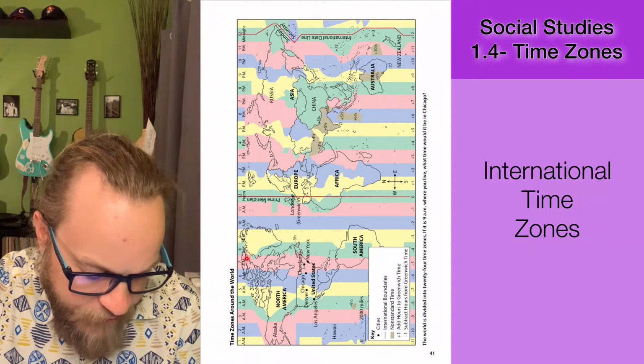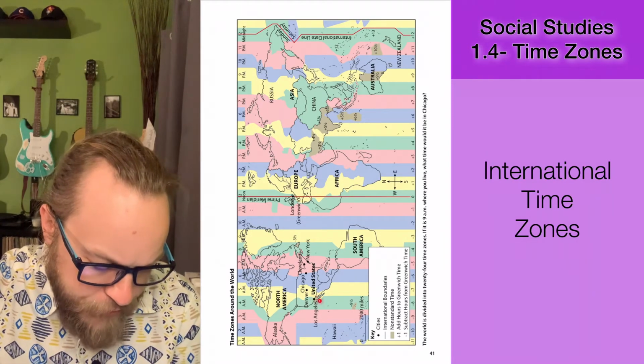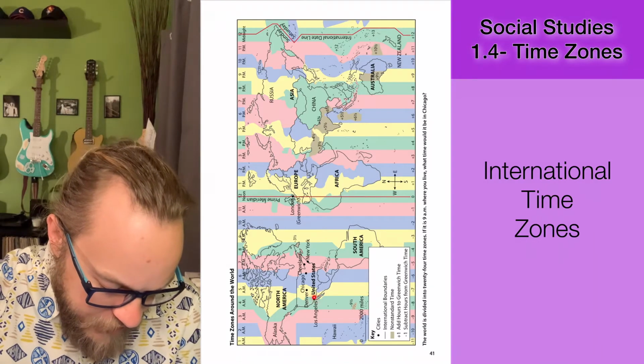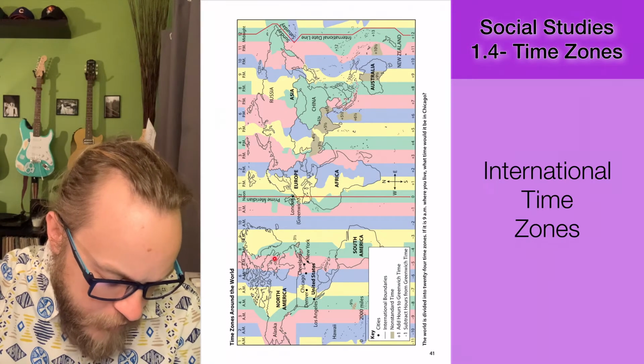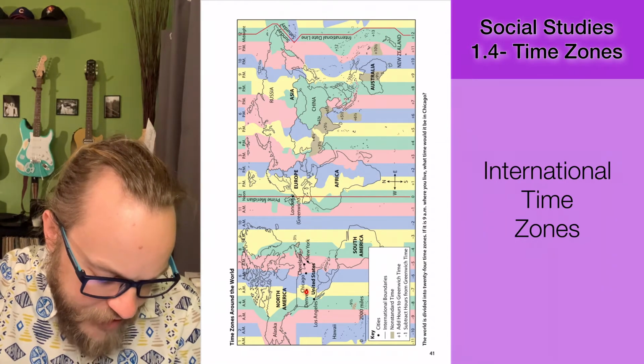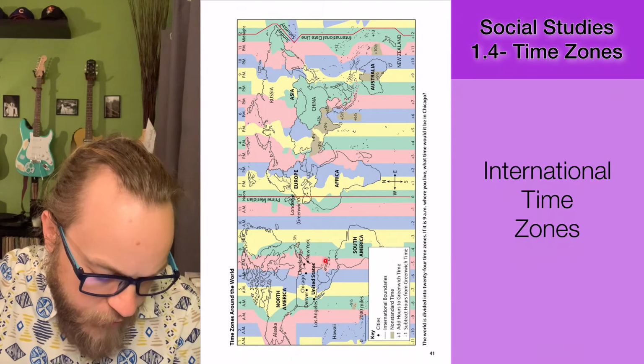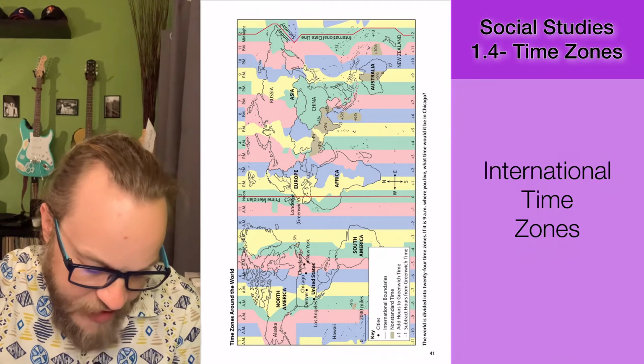I subtract 5 hours from noon, it would be 7 a.m. If I'm traveling from Los Angeles, where it is currently 4 a.m., travel over 1, 2, 3, it would be 7 a.m. So 3 over, add 3 hours, it would be 7 a.m.